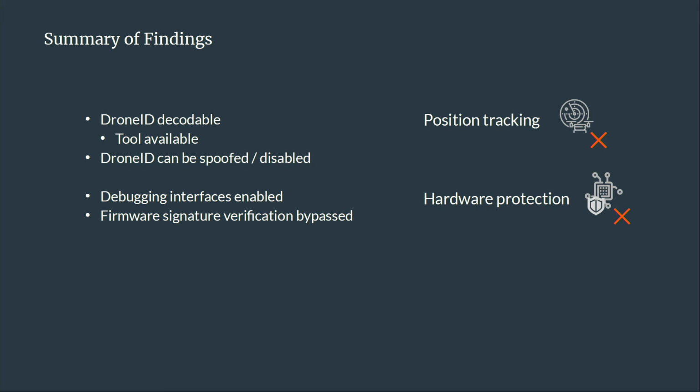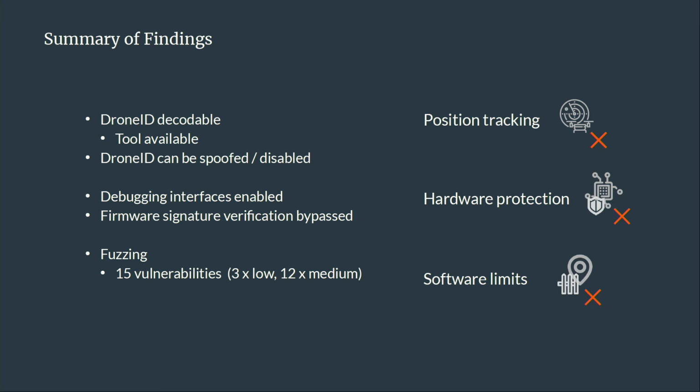So an attacker can easily provide custom or modified firmware to the drone. And finally, our fuzzer triggers a lot of bugs, ranging from simple crashes to arbitrary code execution, which would allow an attacker to gain root access on the drones, which allows them to disable the software limits.